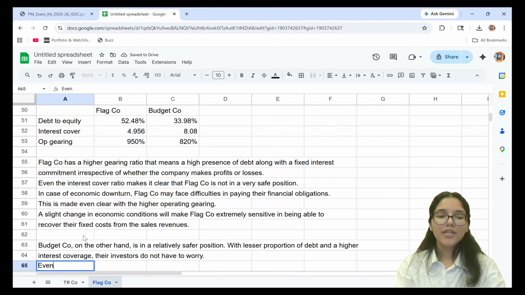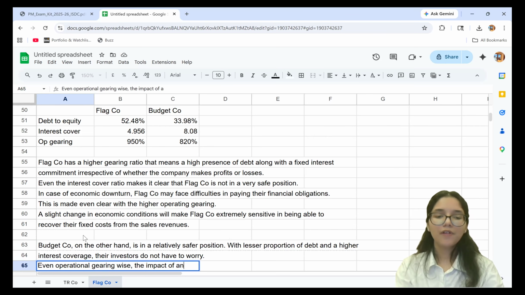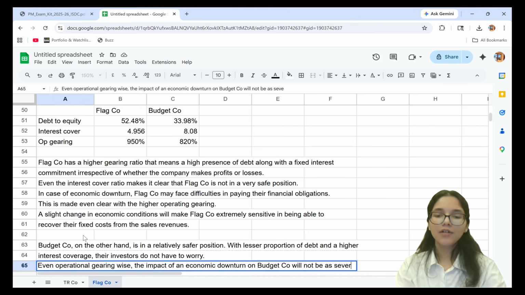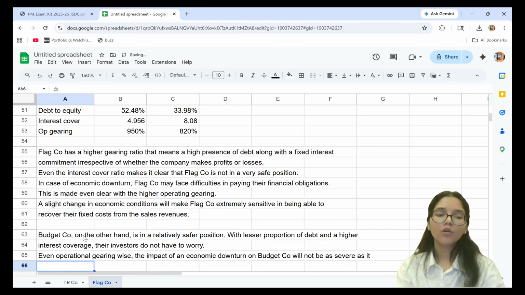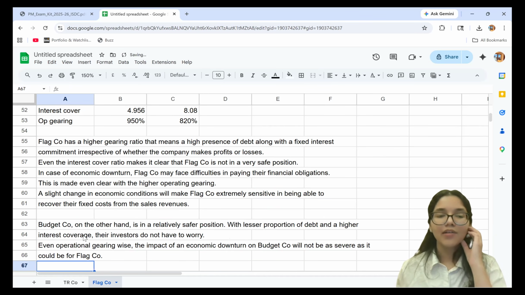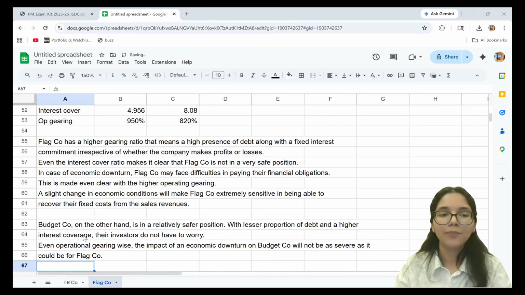Even operational gearing wise, the impact of an economic downturn on the budget company will not be as severe as it could be for flag hub. So this is the explanation that I can write for my third aspect, that is about the risk factor.